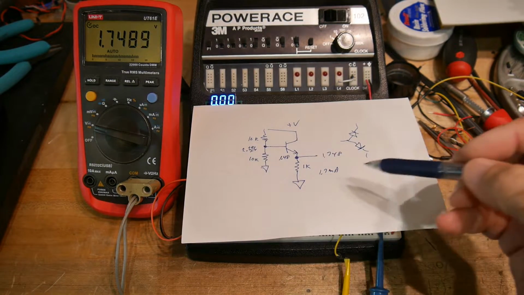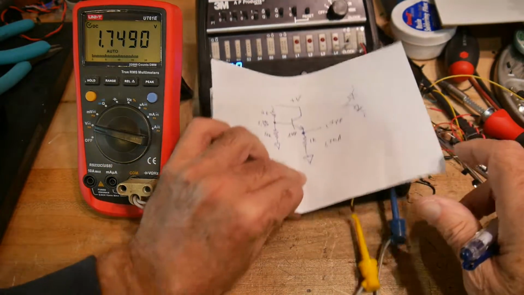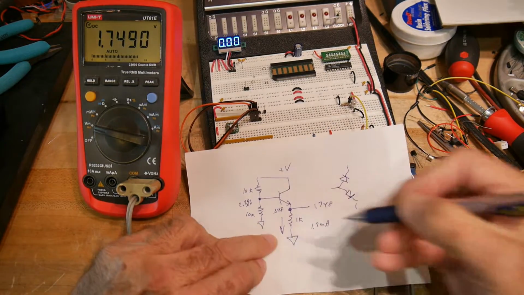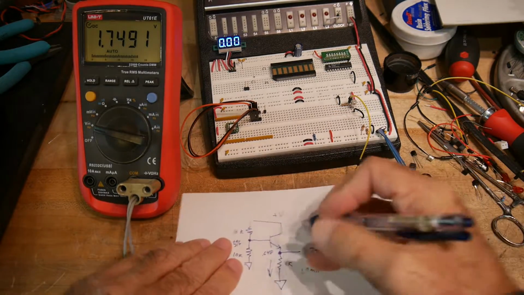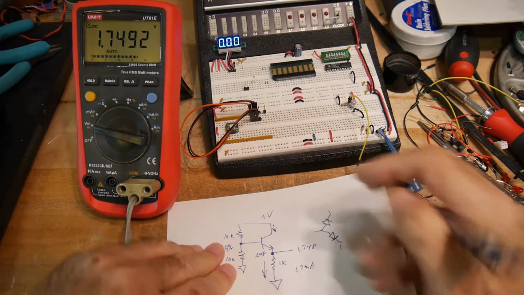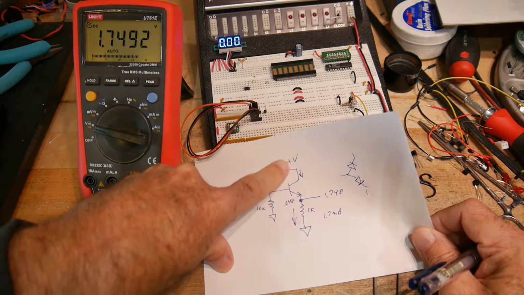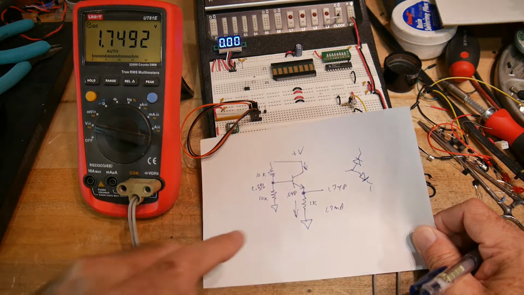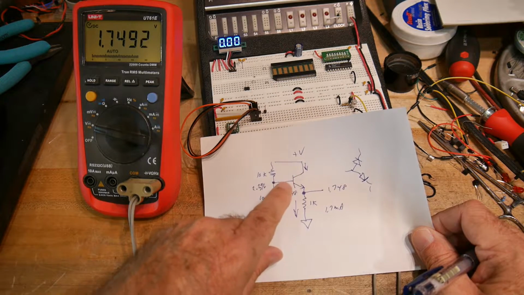So, where is that current? Well, that current is through this resistor. It's also through this collector. It's got to come from somewhere. So it's coming from this and going through here. So there's 1/100th or 1/300th because of the beta of the transistor current in the base.